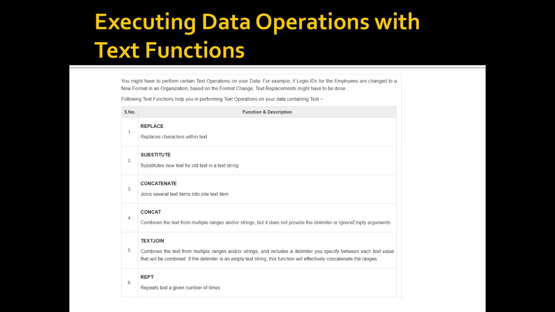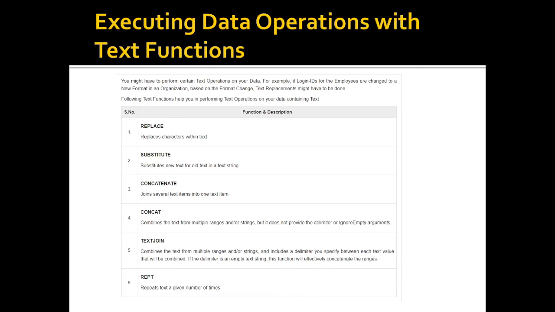CONCATENATE joins several text items into one text item. CONCAT combines text from multiple ranges and/or strings, but it does not provide the delimiter or ignore empty arguments. TEXTJOIN combines the text from multiple ranges and/or strings and includes a delimiter you specify between each text value that will be combined.